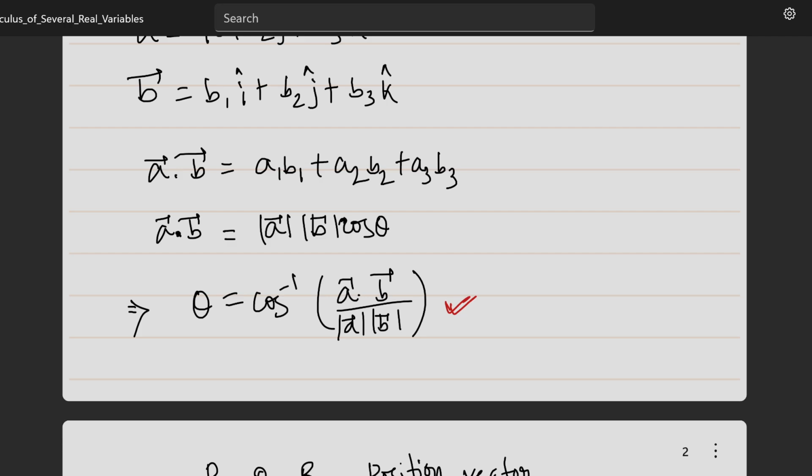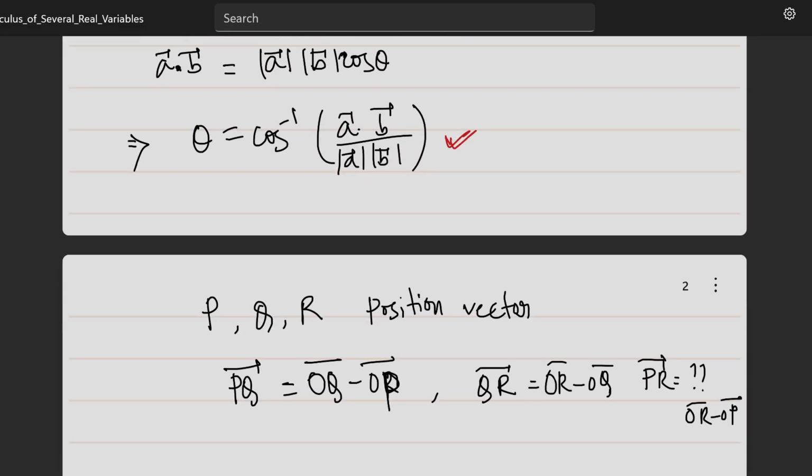So cross product means A cross B. The formula is there. First I have to write i, j, k, then a1, a2, a3, then b1, b2, b3, right? This is the cross product. So what do you mean by cross product geometrically?